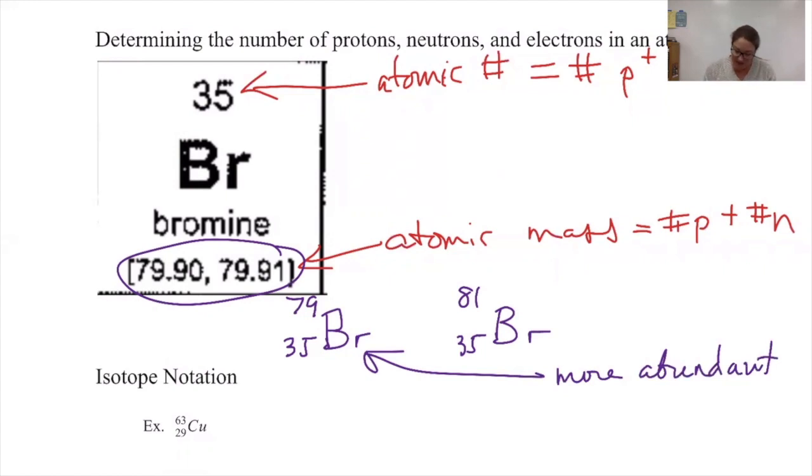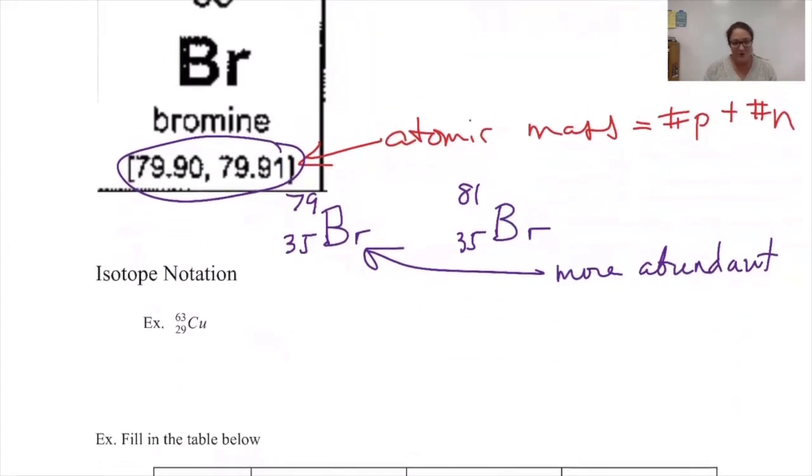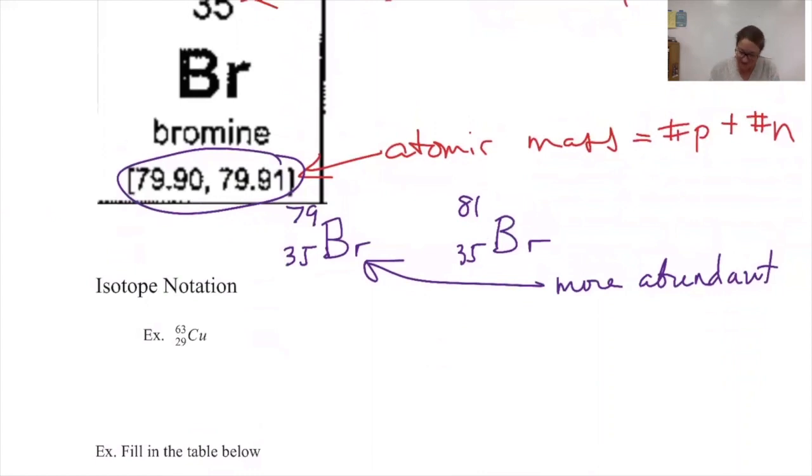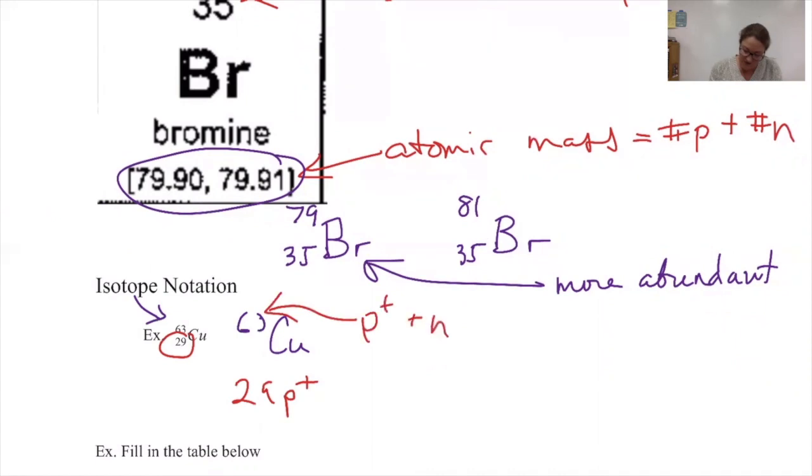Now, something I'm going to ask you to do is to figure out how many protons and neutrons and electrons something has. So this is an example of an isotope notation for copper. I might also give you just this for copper and not tell you copper 29, because all coppers are 29, so it's sort of redundant. But from this, I know that copper has 29 protons. This particular isotope of copper, 63, is the protons plus the neutrons.